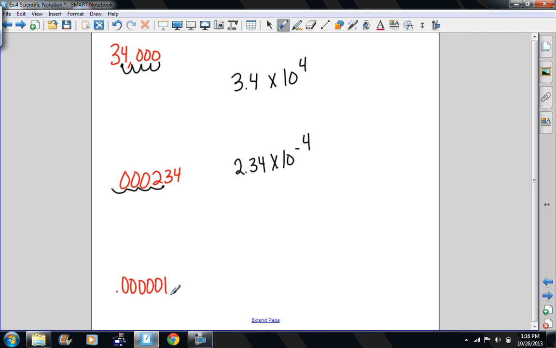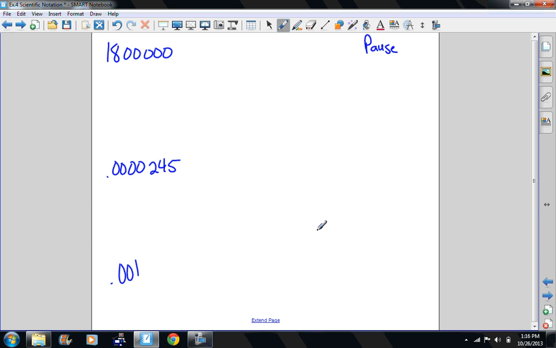Finally, the last one, the decimal point has to go here, and we'll put a 0, so it's 1.0, makes it easier to read, times 10. Now this is a small number, so it's a negative exponent, and we moved it 1, 2, 3, 4, 5, 6 left. So it's 1.0 times 10 to the negative 6. Try these on your own and see how they go.